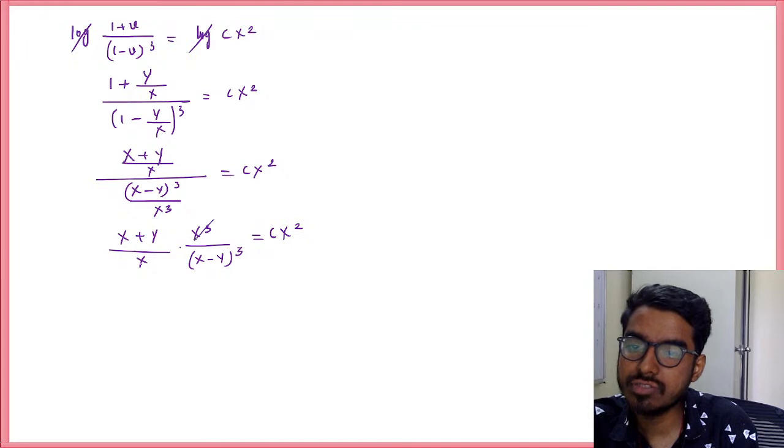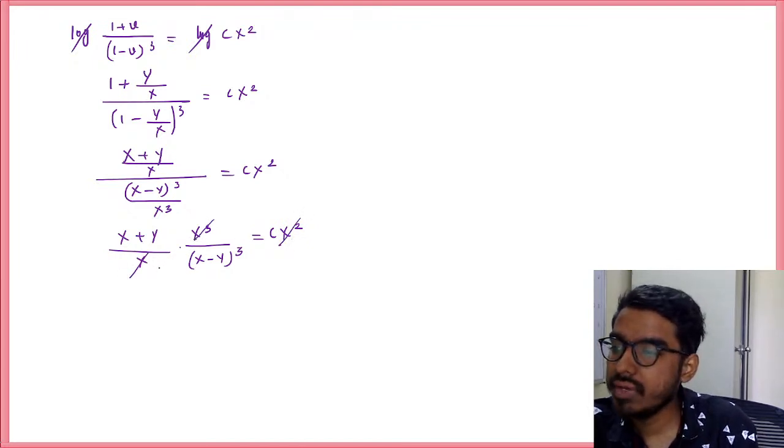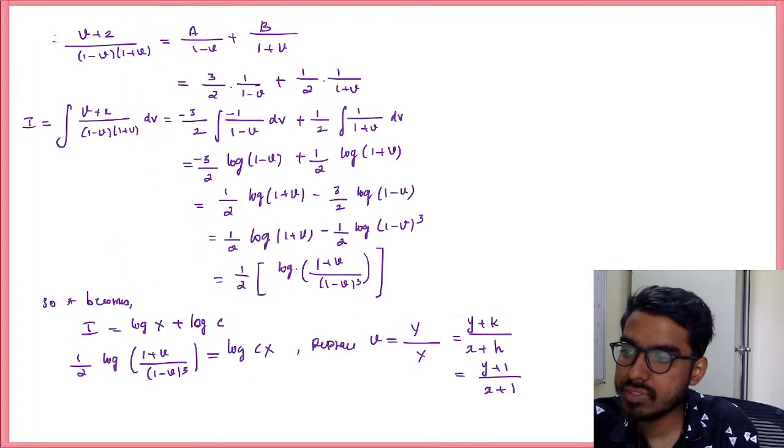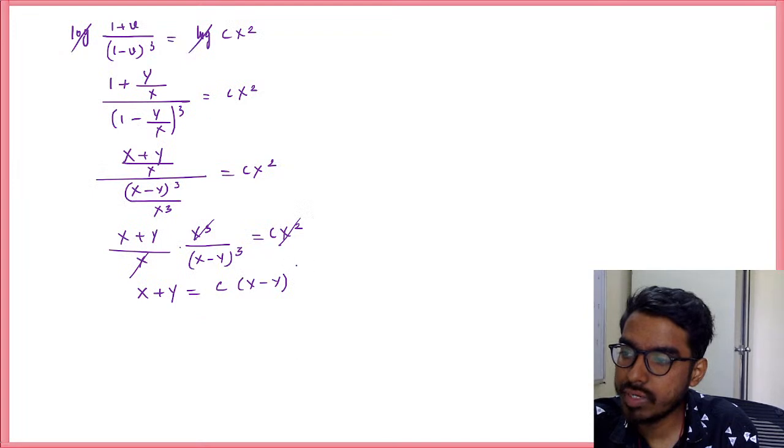So this X² and this X² will get cancelled. So you will have X + Y is equal to c into (X − Y) into (X − 5)³, right?